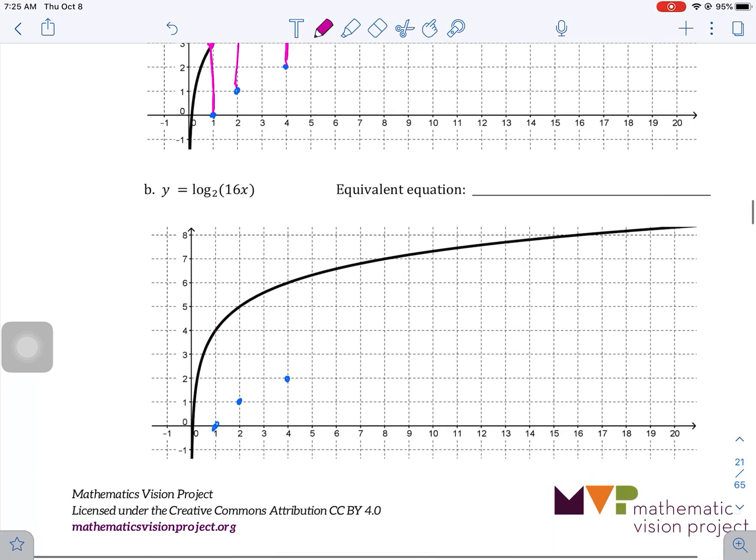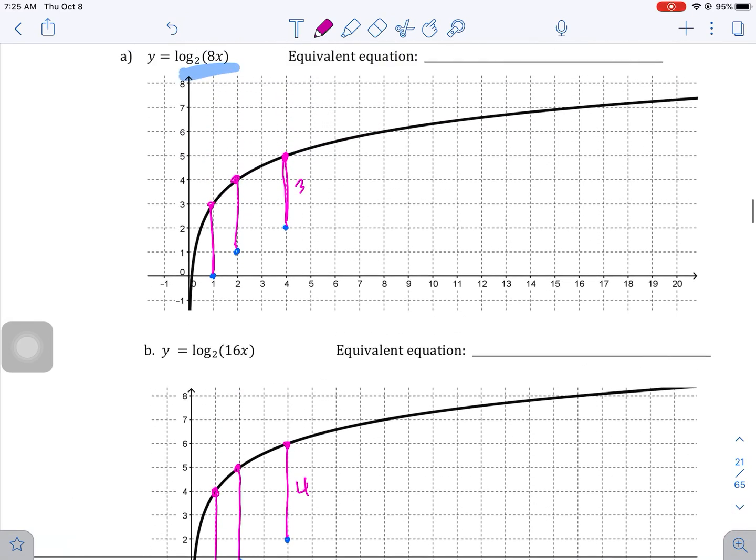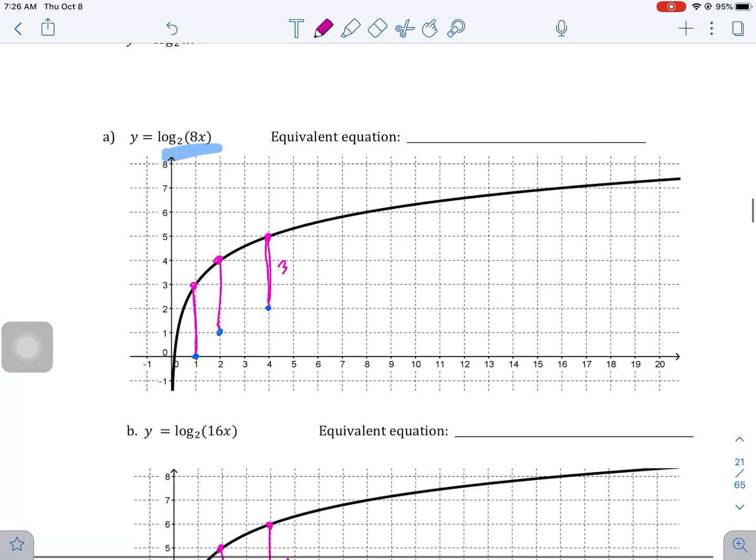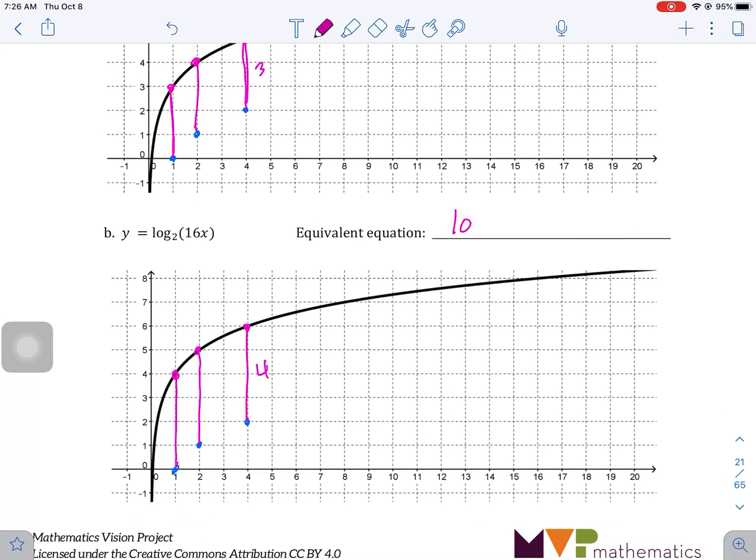In the 16x, when you look at the distance, you notice a vertical translation for these 3 key points of 4. Okay, so then an equivalent equation would be, if you use the parent function, log base 2 of x plus 3, log base 2 of x plus 4.